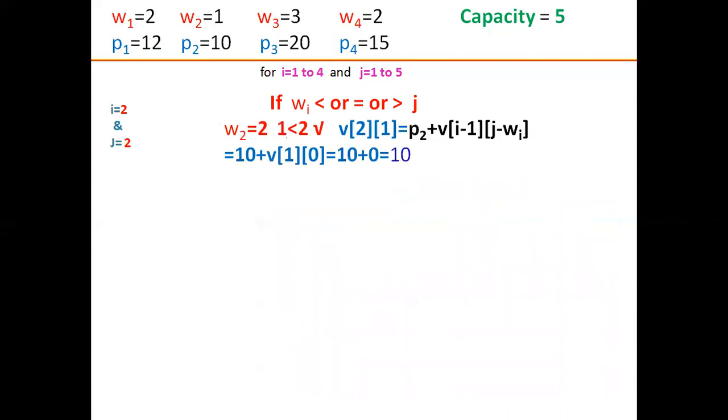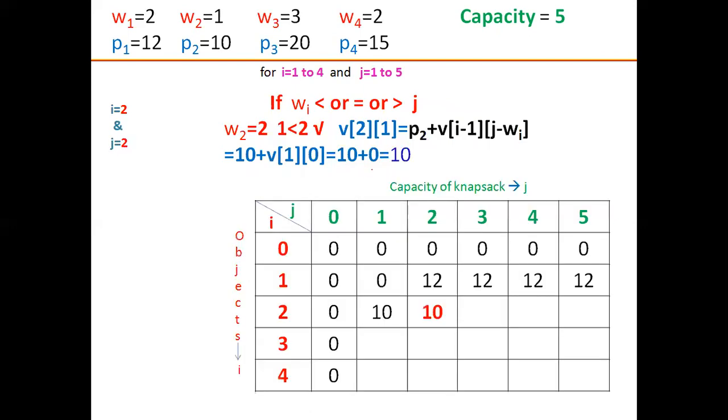So by adding this, I will get the profit P2, plus the profit for the remaining capacity, V of i minus 1, j minus Wi, which is P2 plus V[1][0]. P2 is 10, and V[1][0], first row, 0th column, is 0. 10 plus 0, I got 10.